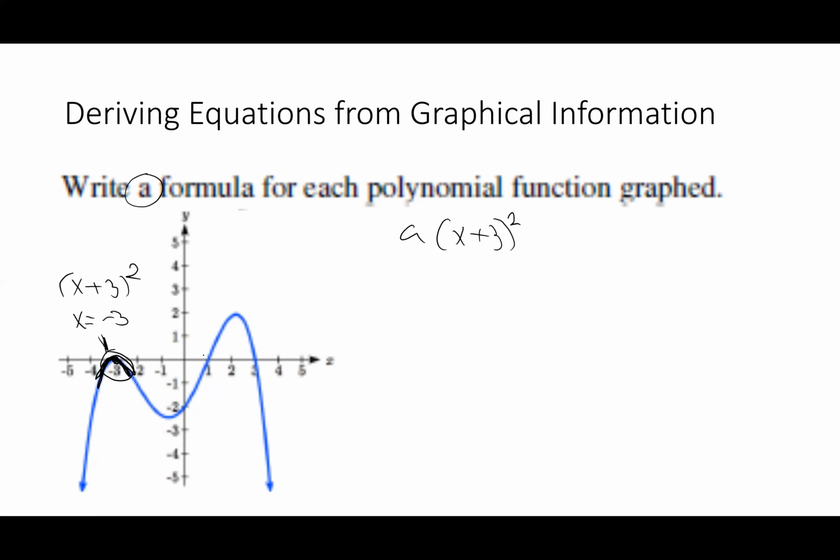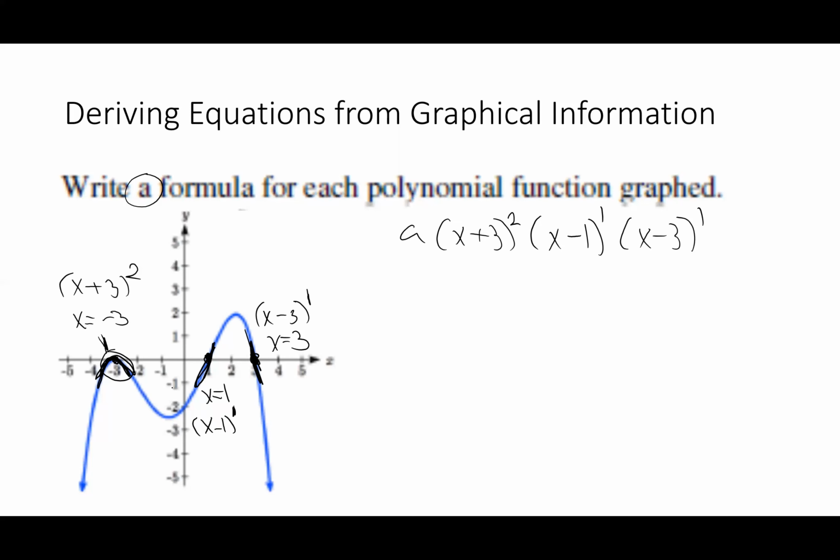All right, now let's observe what's happening here. I've got a single root at x equals 1. So I've got a factor of x minus 1. And since it's crashing through, that's going to be the first power. And same thing here. I've got a root at 3. So I've got a factor of x minus 3. And since it's crashing through, it's going to have a power of 1.